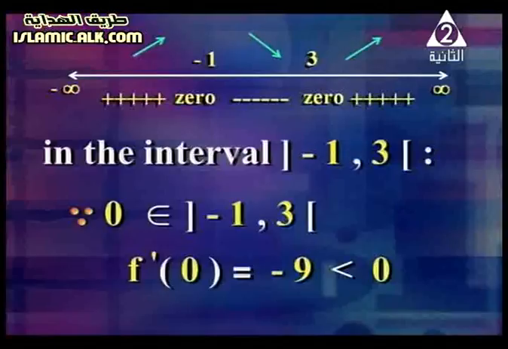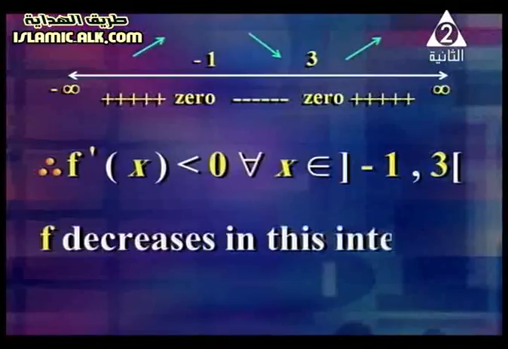What do we deduce? The behavior of the function is decreasing. Then we say that f dash x is smaller than 0 for all x belonging to the open interval negative 1, 3, so the function decreases in this interval.